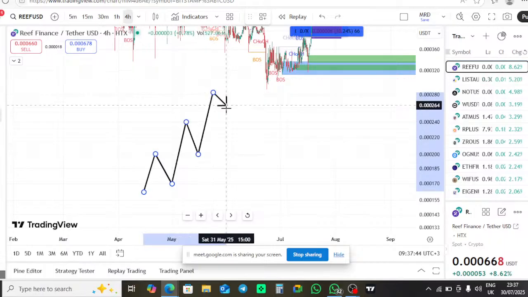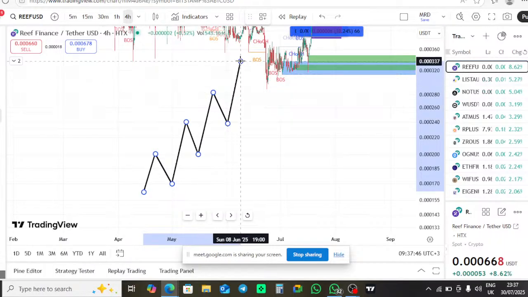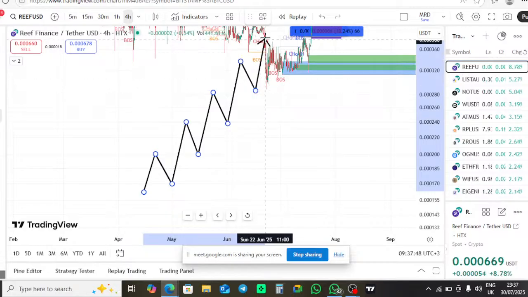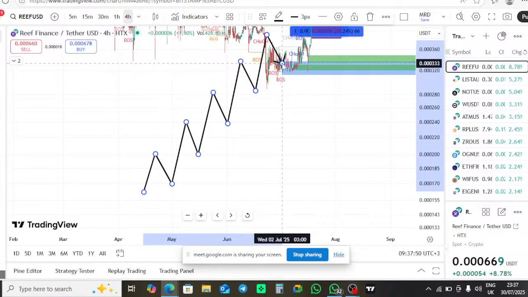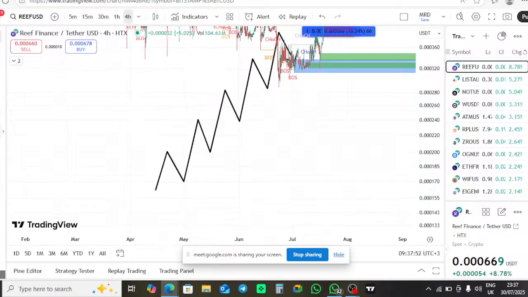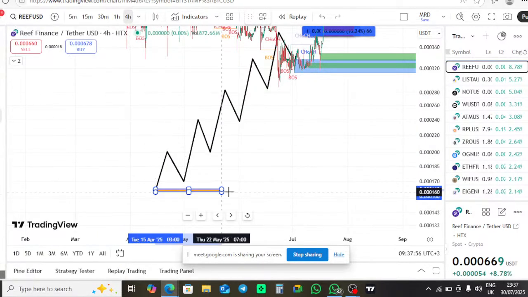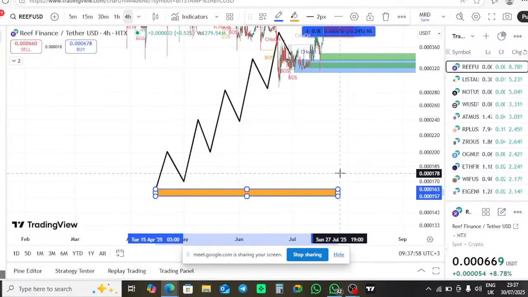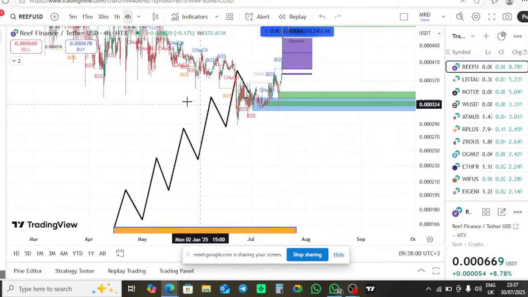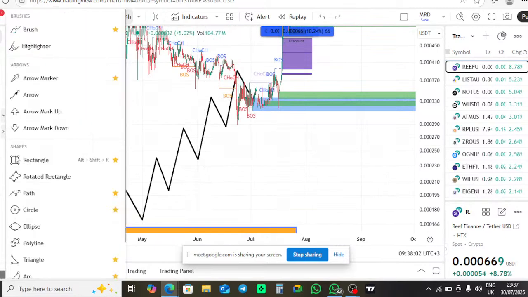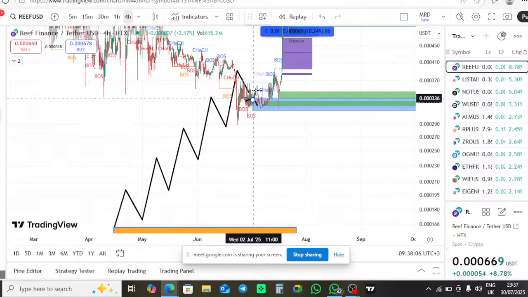If we move up, the demand can change altogether. From the beginning, this was the demand, but if we have a retracement here and we respect it, the demand will shift.